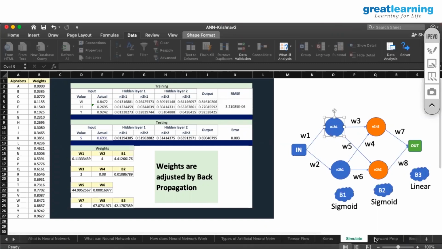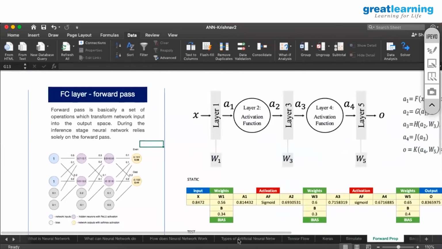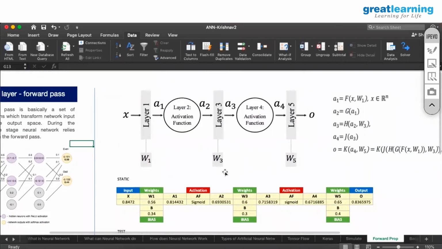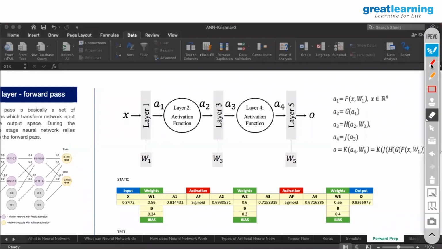Now let's come to some heavy maths. You might feel it's getting a little heavier, so let me explain forward propagation in a more complex way. Now when I talk about weights, layers, and activation functions, you will be very clear. Let us say I have an input X. X gets multiplied with weight W1 of that line, and I get alpha 1, which goes inside an activation function.